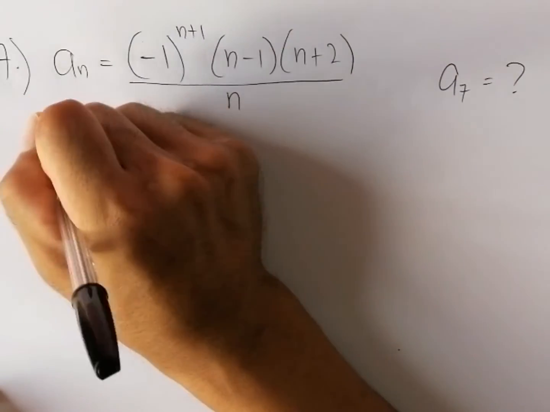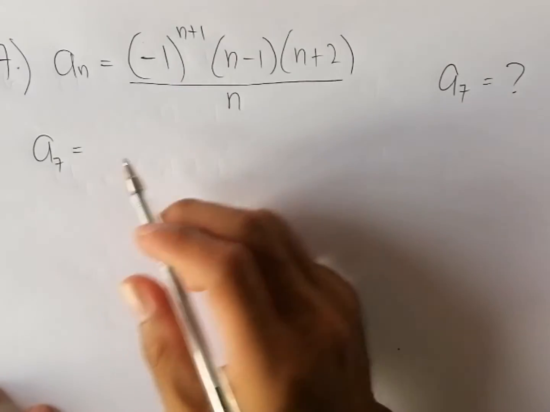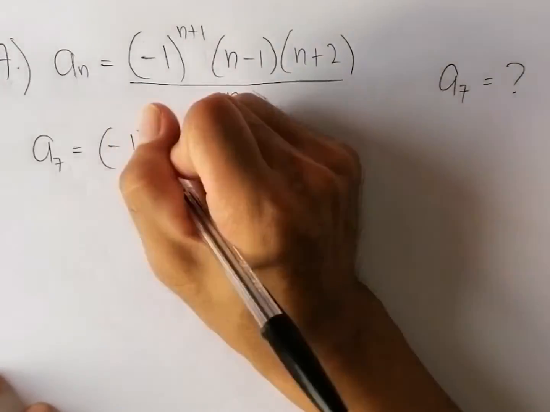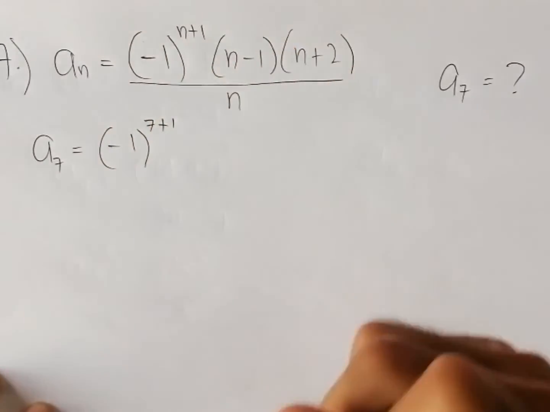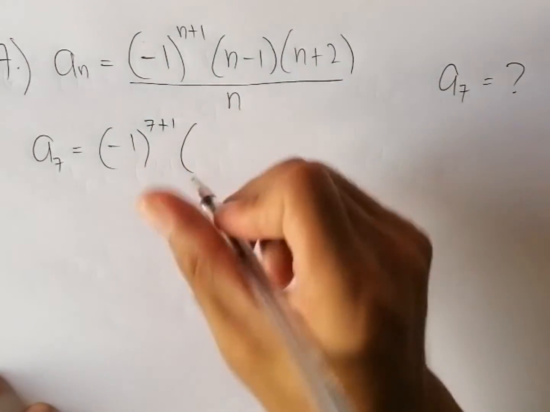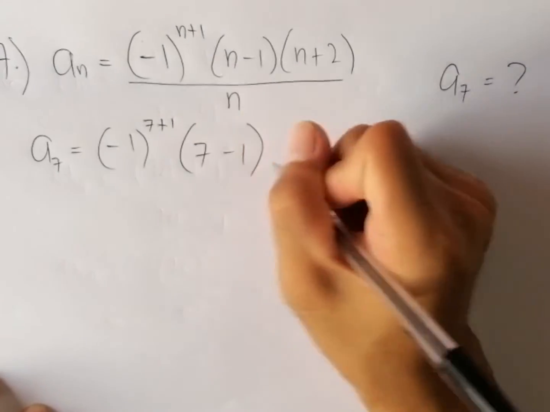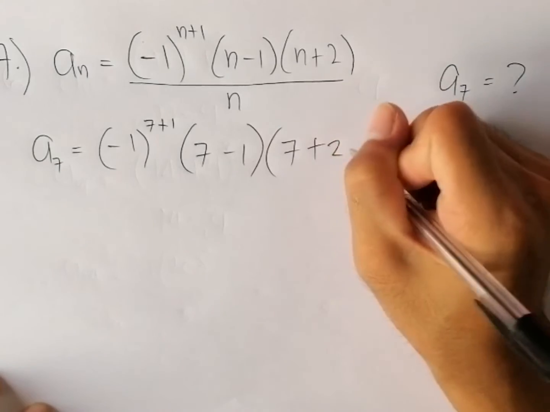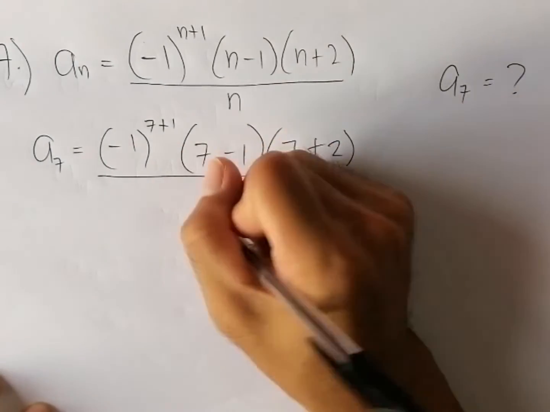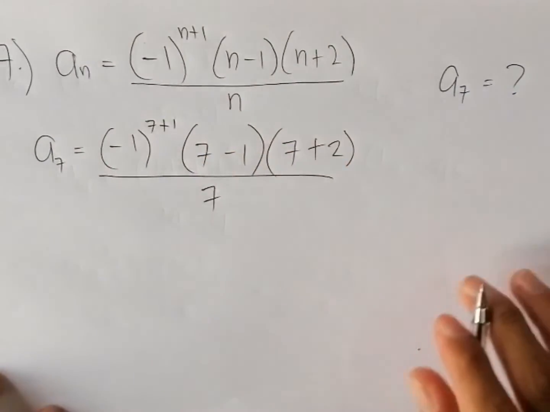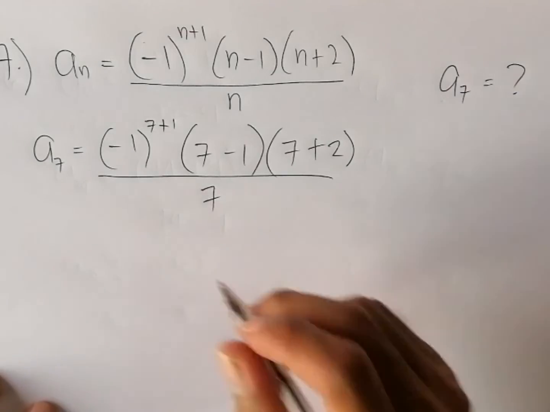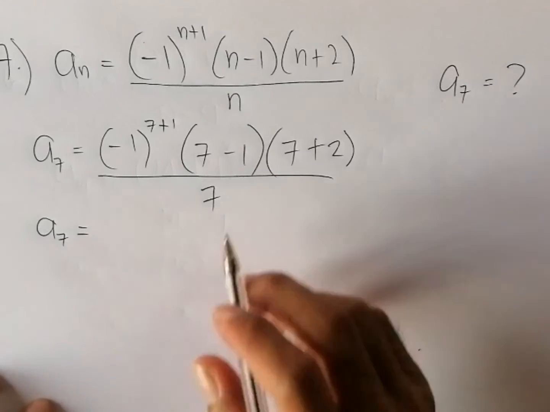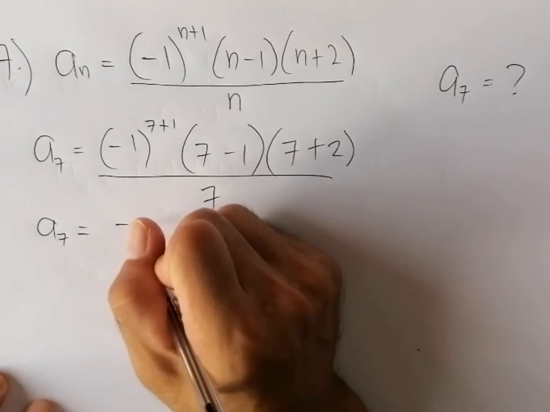So a sub 7 is equal to -1 raised to the power of 7 plus 1 times 7 minus 1 times 7 plus 2 all over 7.